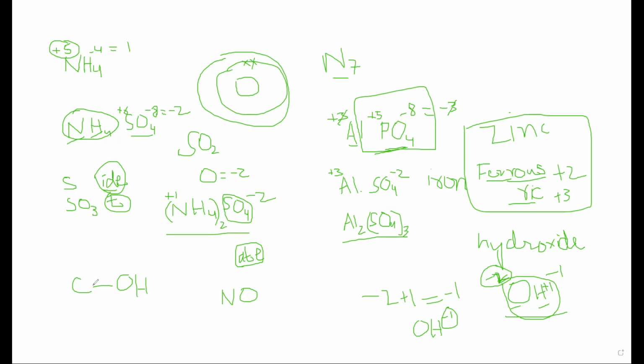But here I'm only bonding this carbon with hydroxide. That means three more atoms can be bonded with carbon, and that would always be hydrogen. That is what you're going to learn later in organic chemistry, but I'm just giving you an example of OH. If carbon is bonded with hydroxide, it is going to be alcohol.